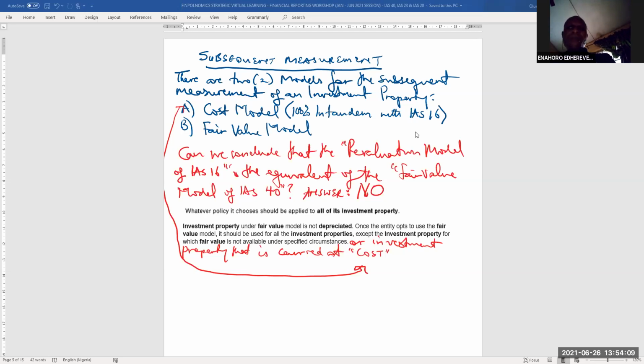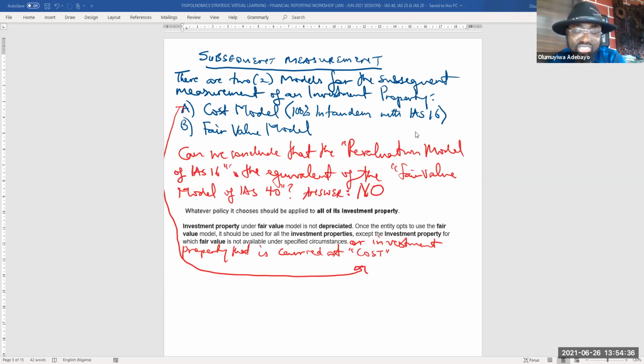But at the same time, they may not be able to actually have the fair value in that situation. I don't know if you get what I'm saying. No, I got it. And you have also expatiated it. That even when you are going to use cost, you still carry out fair value measurements, only that you do not recognize it, which means that is not an excuse.